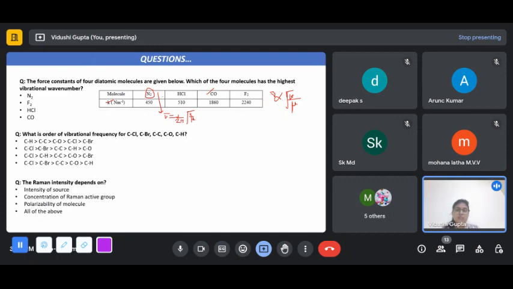Force constant is given, it's 450. Reduced mass you can calculate as M1 M2 upon M1 plus M2. What will it be for HCl, CO and F2? Just calculate the wave number for all of these and tell me the values.